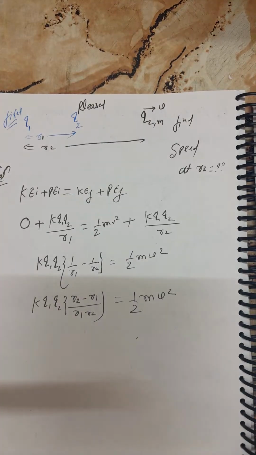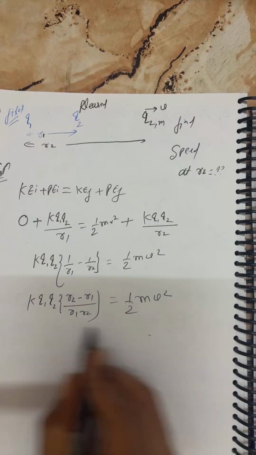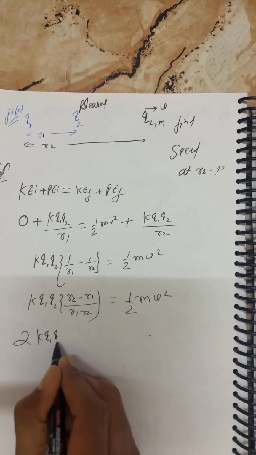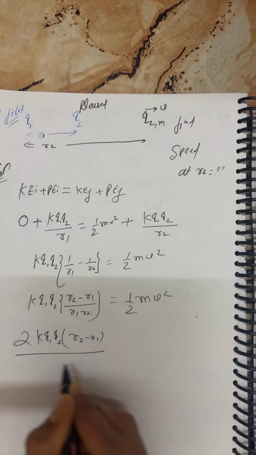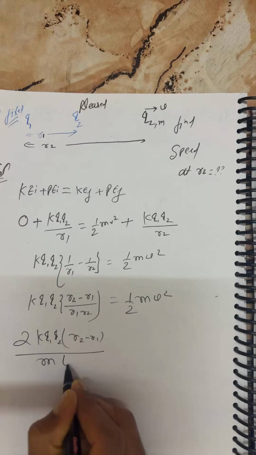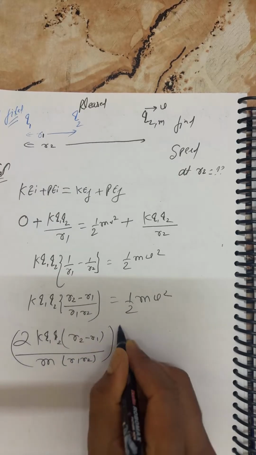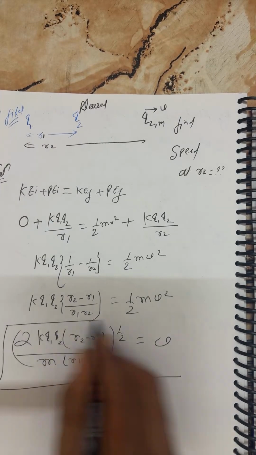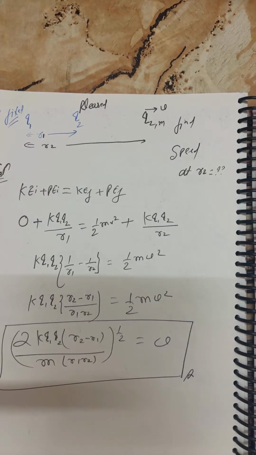Just cross multiply: V equals (2 K Q1 Q2 (R2 minus R1) / (m R1 R2)) to the power 1 by 2. So this is the answer for this question. What about your answer?